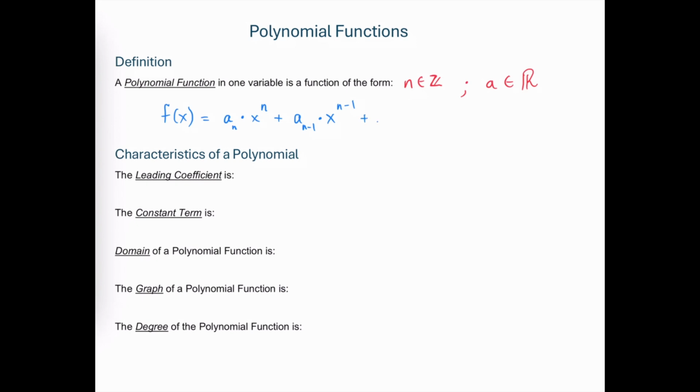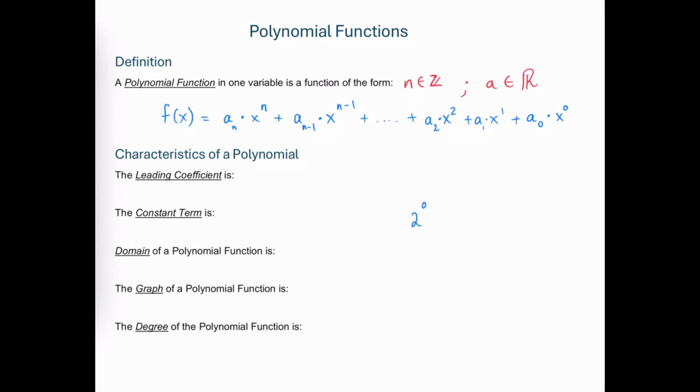term. And we keep doing this, stepping down the power of each term until we get down to the x squared term, whose coefficient is a sub 2. The x to the first term has its coefficient, we'll call it a sub 1. And then finally we have the a sub 0 coefficient on the x to the 0 term.